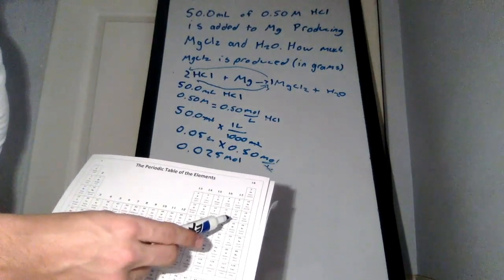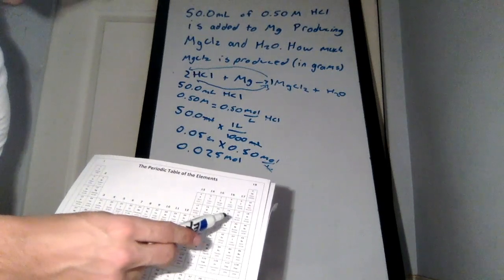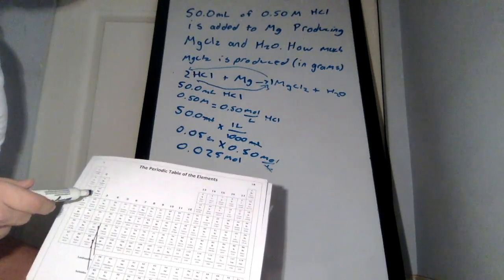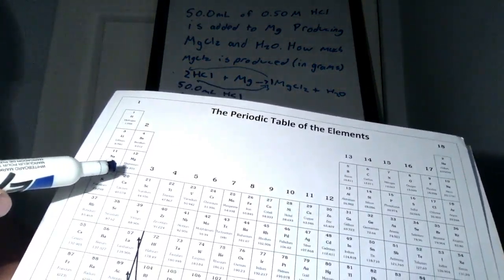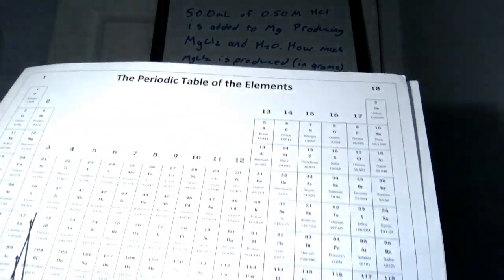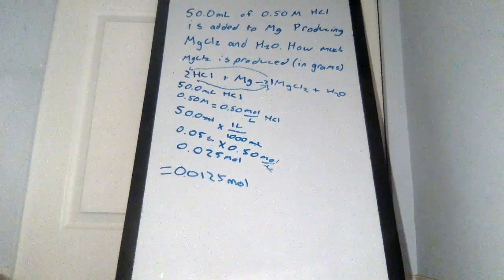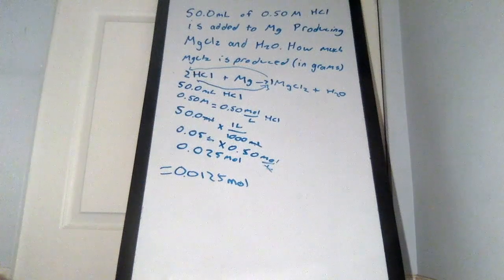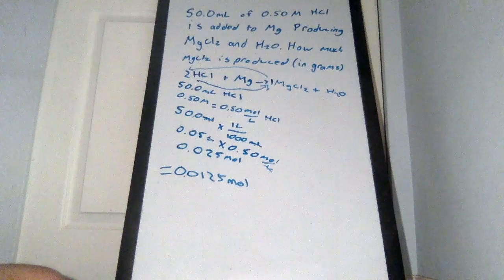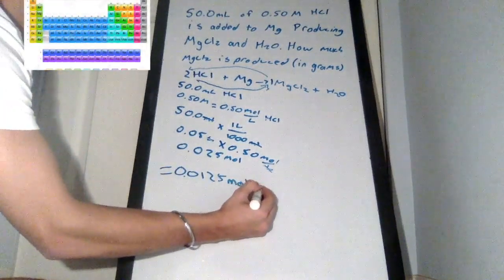We know it has 35.5 molar mass, and Mg, which is here, and it has 24.3 molar mass. The Cl is here. So you have two Cl's, so go 35.5 times 2, which will give you 71, and add that to 24.3, which will give you 95.3.